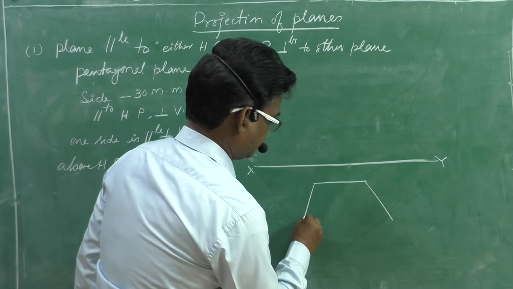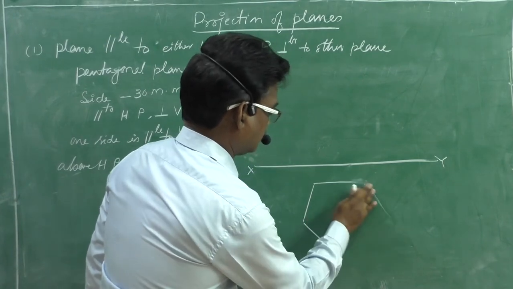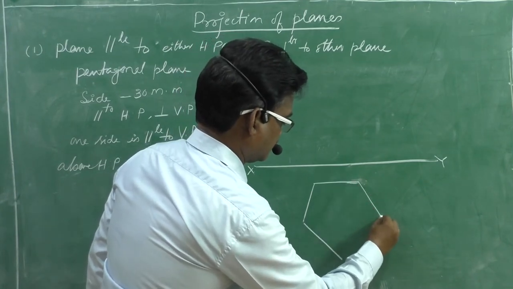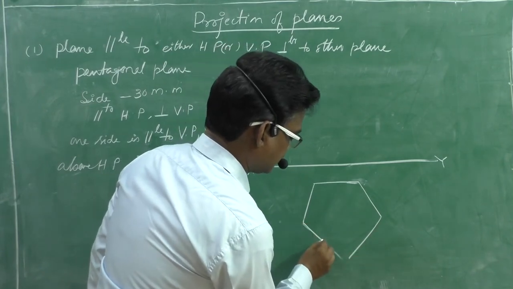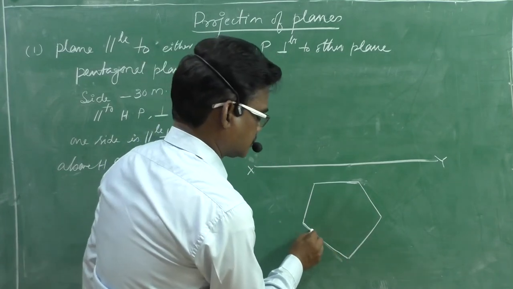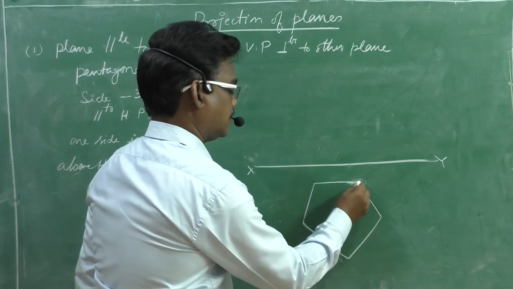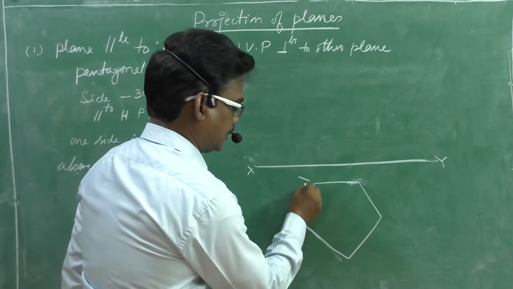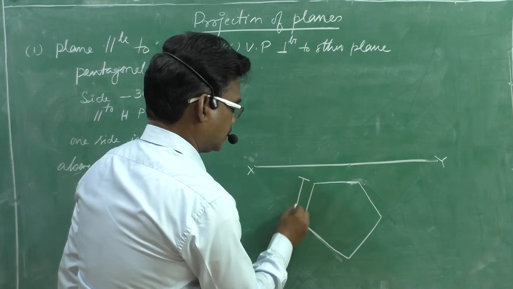Now, construct the pentagon by considering included angle as 108, and this is a regular pentagon. Students, don't draw just a simple pentagon, but by considering dimensions, included angle as 108, we need to draw the pentagon.